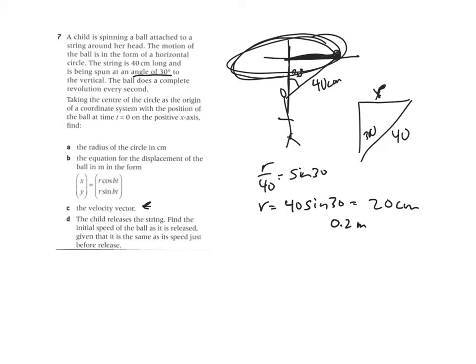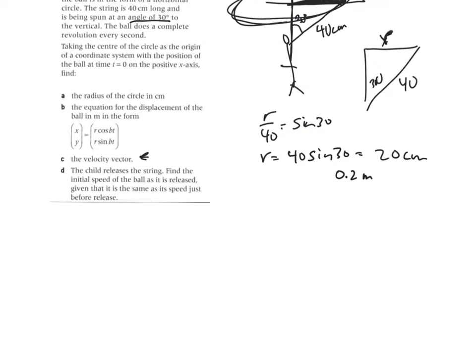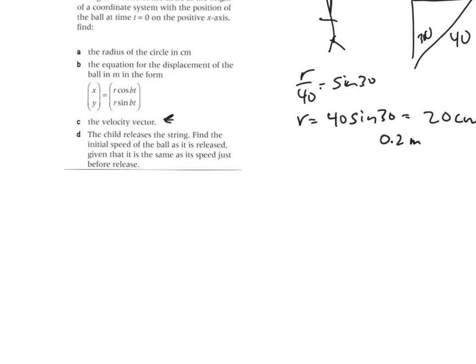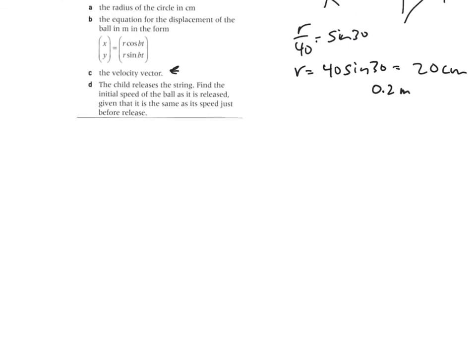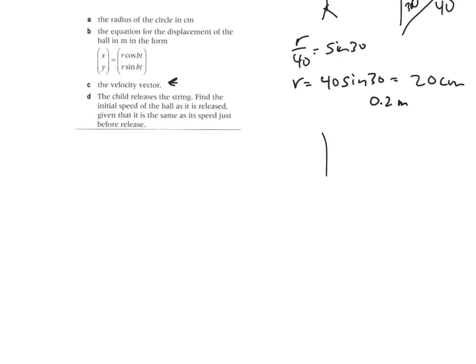So there's our r. So now when we get to part b, it says we know that the center of the circle is at the origin of the coordinate system, and the position of the ball at time t equals 0 is on the positive x-axis. So what's going on here is, if we look from a bird's eye view, the ball is going around the circle here.